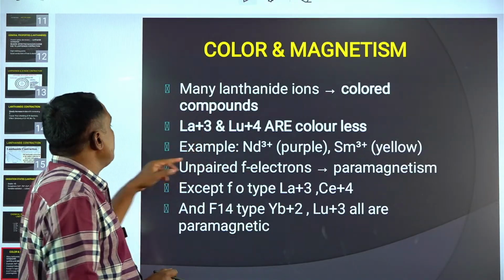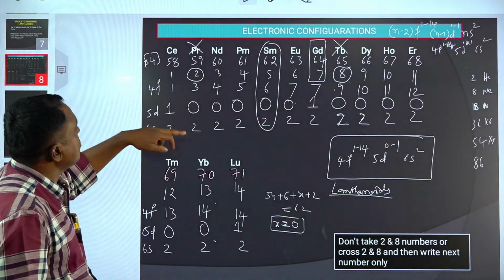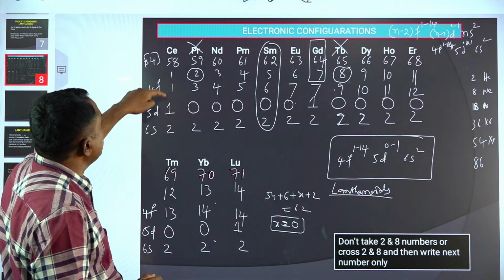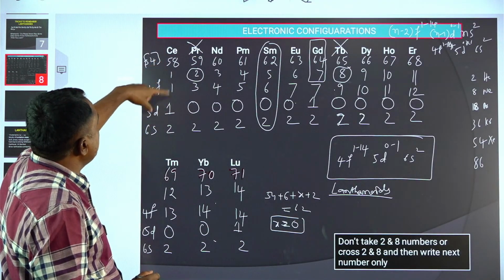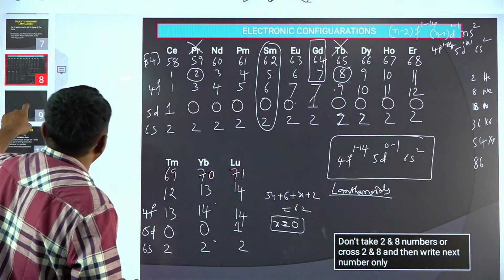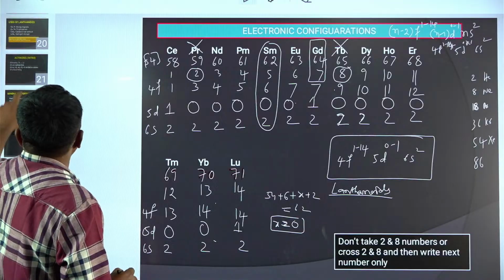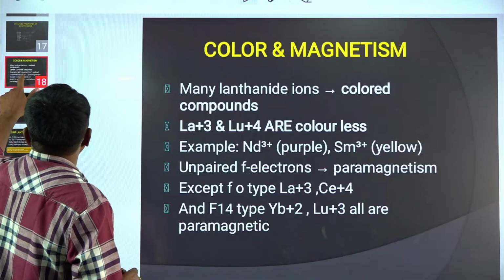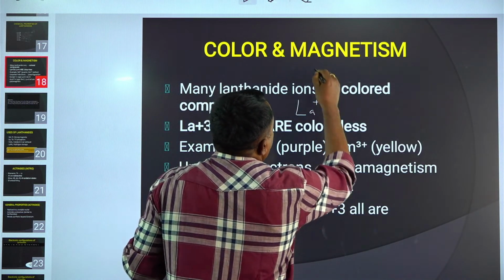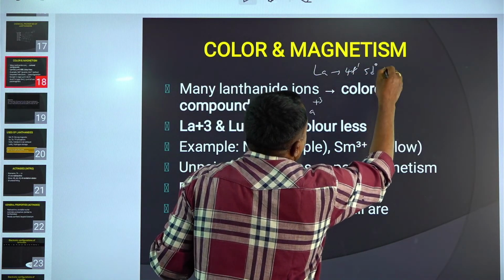Let us look at lanthanum plus 3. Actually lanthanum is 4f1, 5d0, 6s2.